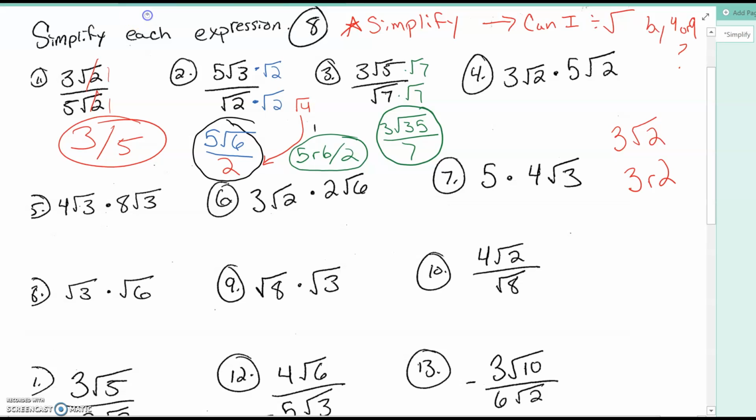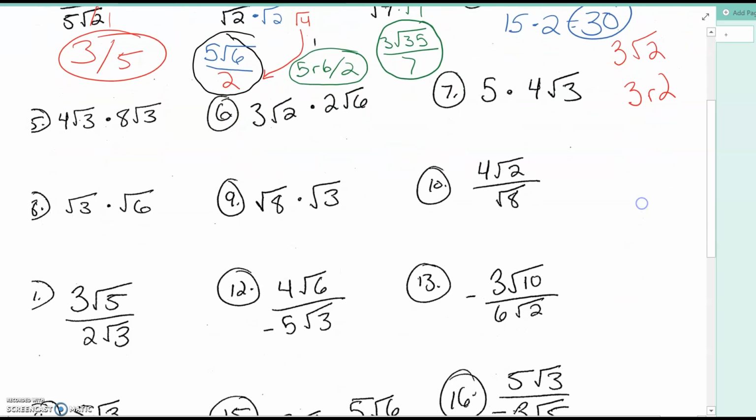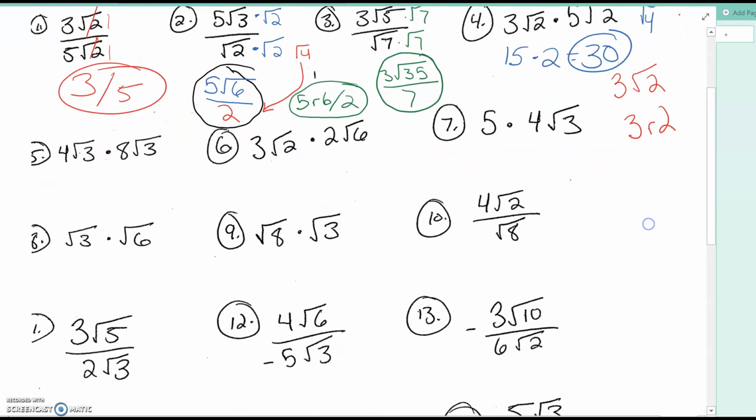All right, go ahead and do number 4. Okay, so this, outside with outside, 15 times square root of 2 times square root of 2 is square root of 4, which is 2. So I should get 30. Some of these go a lot easier than the others. All right, go ahead and do number 5.